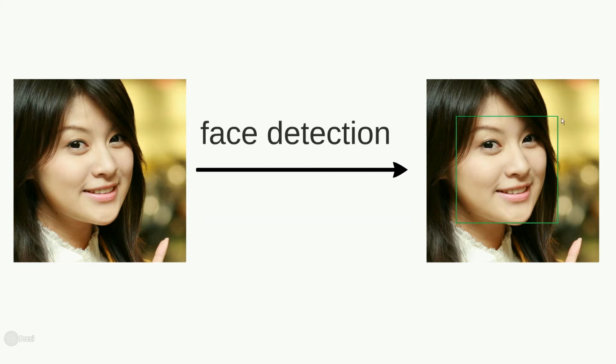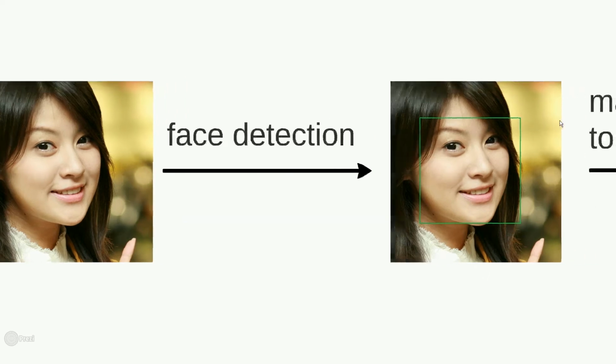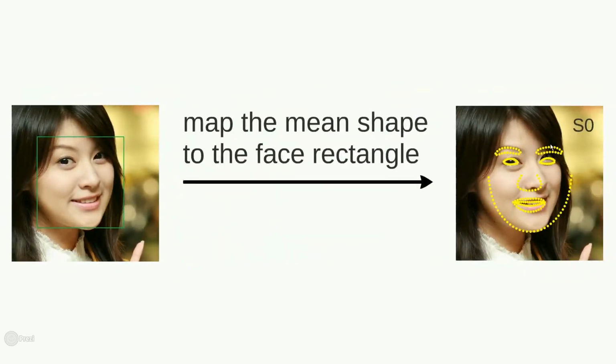Now there are many different face detection methods, and it's not the focus of this video. Once we get the face detection, the next step is we're going to take the mean shape. We call the mean shape shape 0. We're going to take the mean shape from the prediction model and apply it to the rectangle that we get from the previous stage.